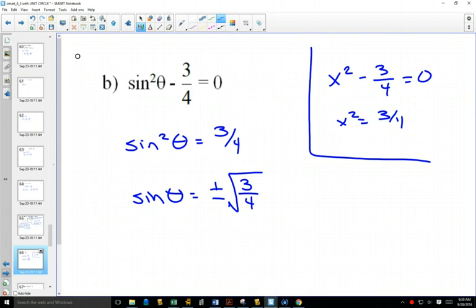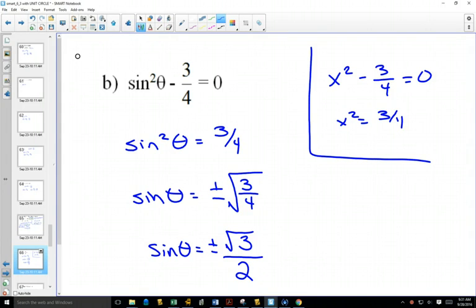And this is where your algebra skills from last year come into play, because the way this is written right now is not on your unit circle. But you can simplify this, because the square root of 3/4 is the same thing as square root of 3 over square root of 4. And the square root of 4 is just 2. And now we say, hey, that is on our pi plate.